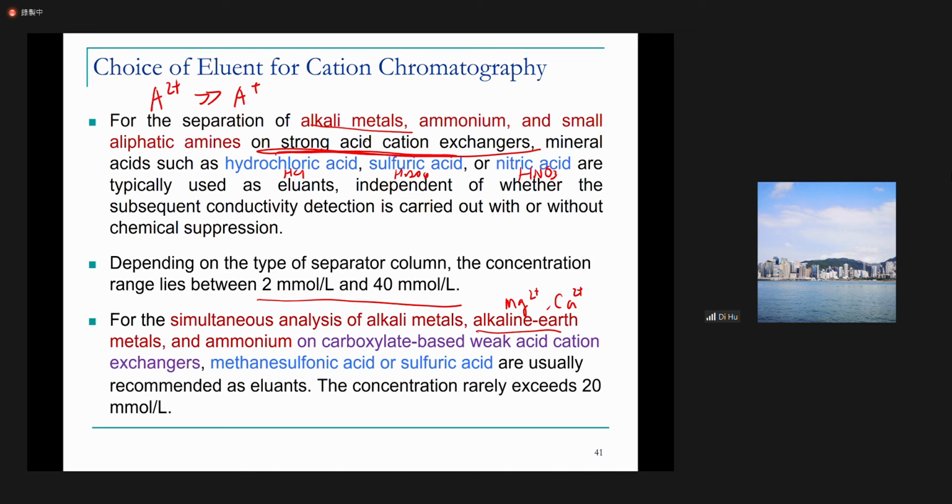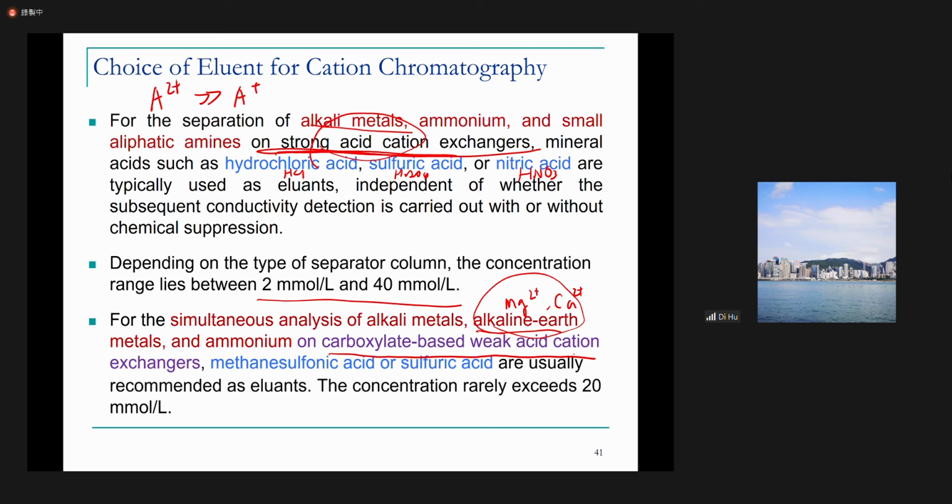If you're using a strong cation exchanger, the binding will be too strong and very difficult to break. So if you want to handle both the monovalent and divalent ones, you have to use a weak cation exchanger, a carboxylic-based one.